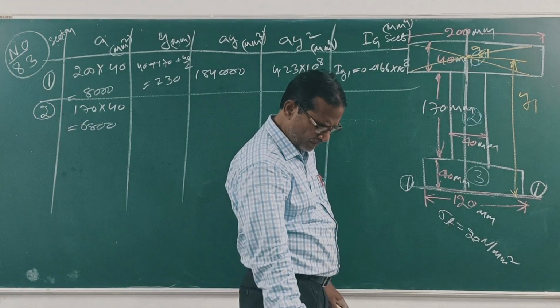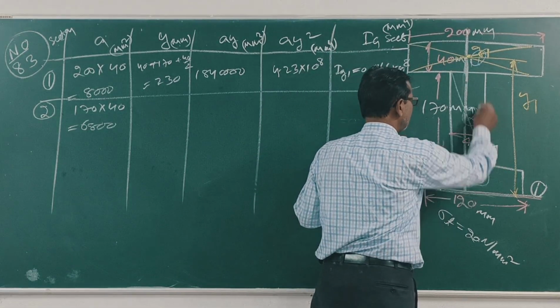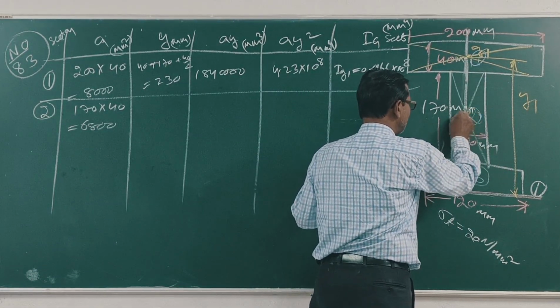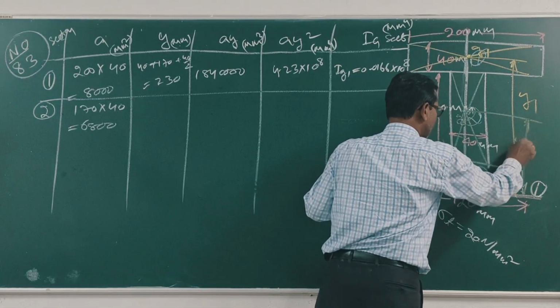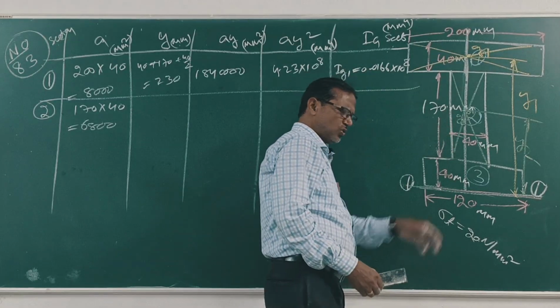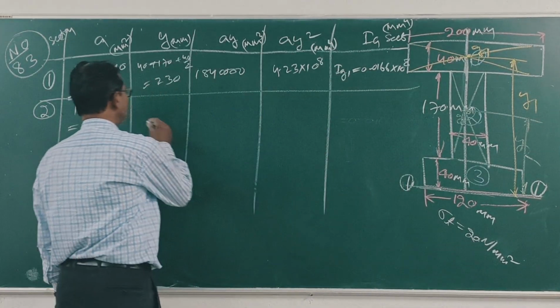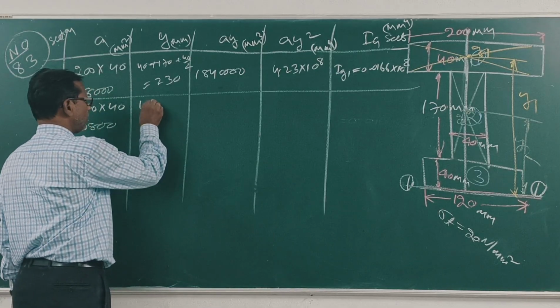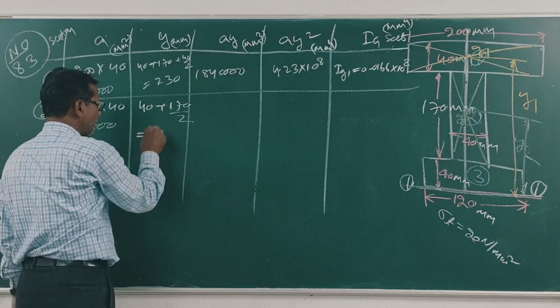This is y, this is G2, y2. What is y2? y2 is equal to 40 plus 170 by 2, which is 125.